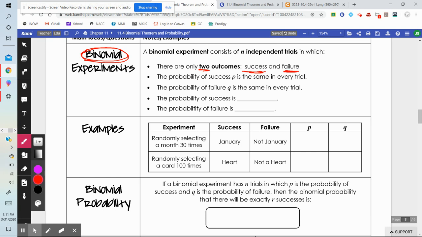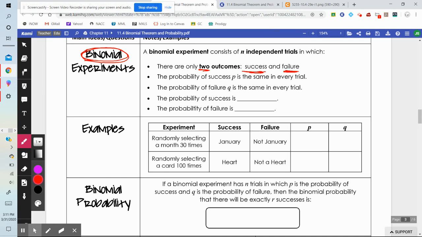The probability of success, P, is the same in every trial. And we know that with flipping a coin, every time we flip it, it's the same probability it's going to land on heads. The probability of Q in every trial must be the same, where Q would be a failure.